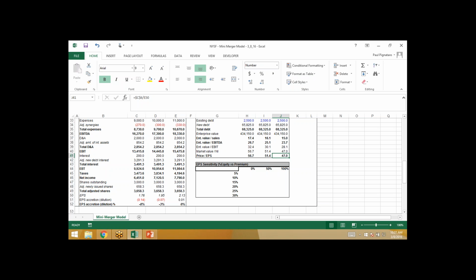What's the first variable? Premium. Then what? Not yet. Purchase price, yeah.